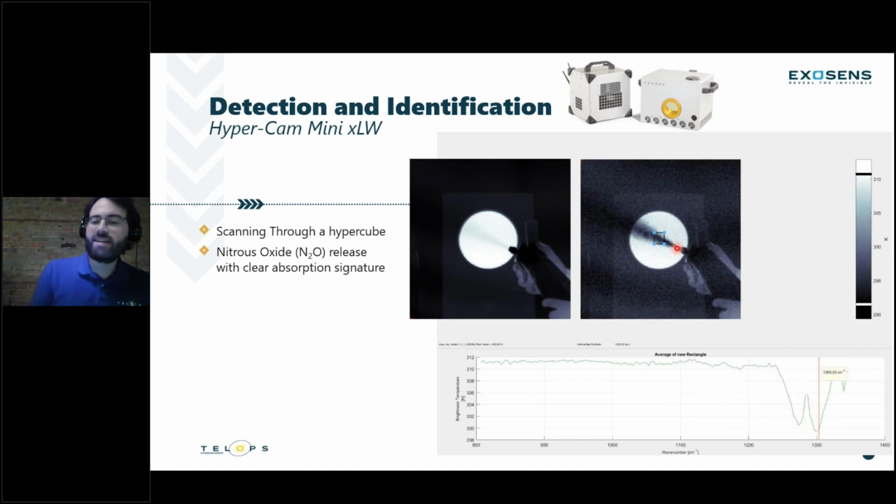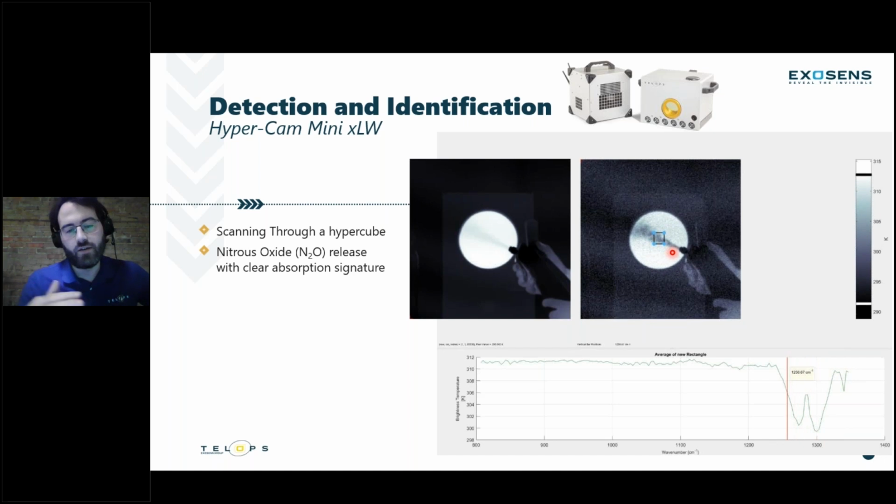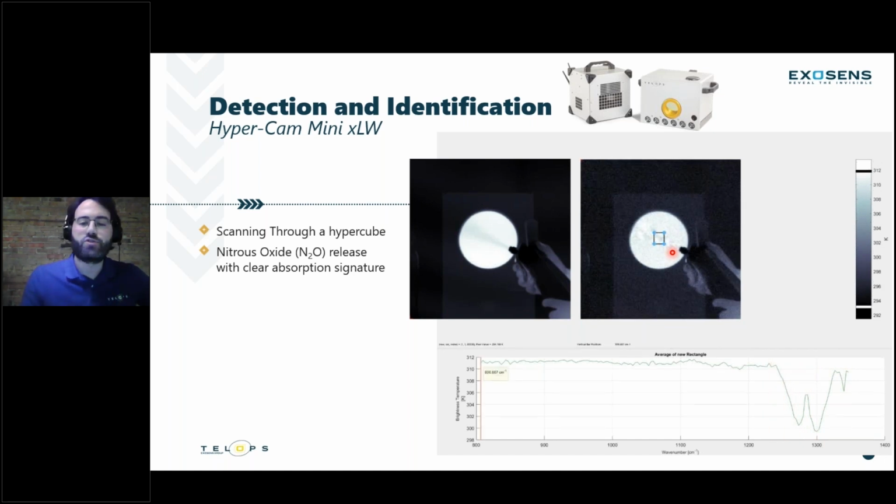So that intensity of the pixels, either being darker if you have absorption or brighter if you have emission, is what's allowing the data to become a spectrum, a signature of your various compounds.